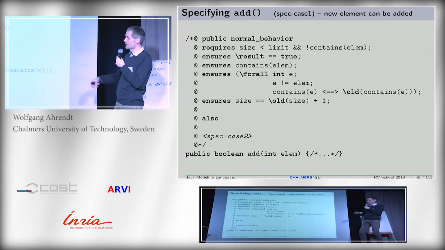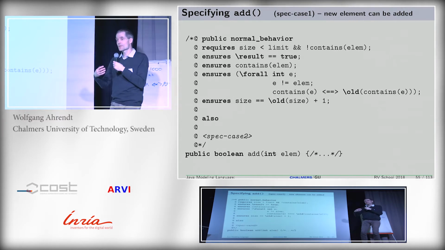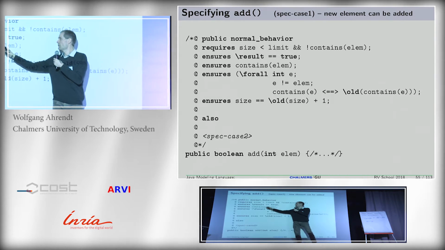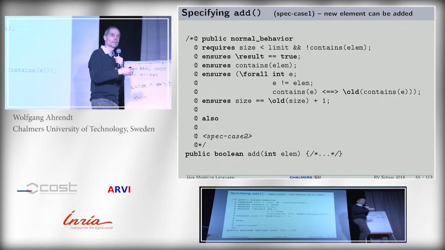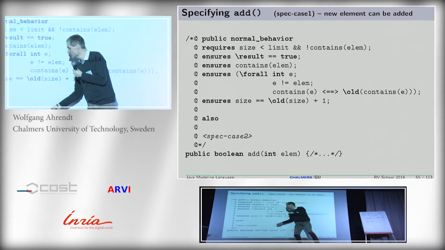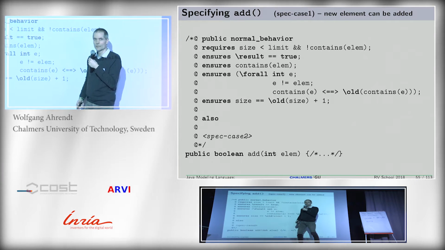And the other thing, you ensure that it is contained afterwards. And instead of saying there exists an index where I find it, I just say the method contains returns true afterwards, right? So after the execution of add finishes, if you then call contains, you will get true, right?